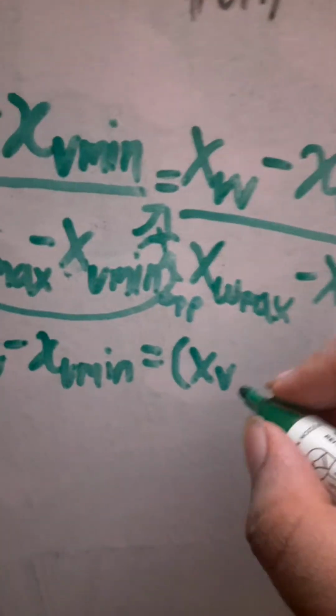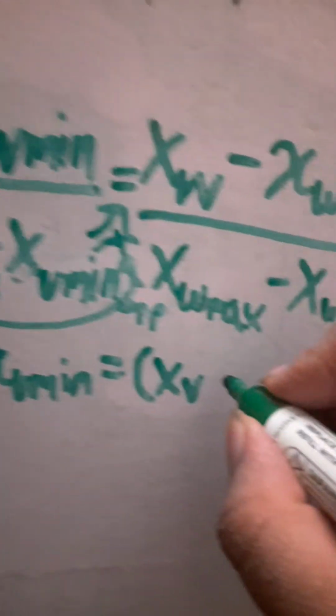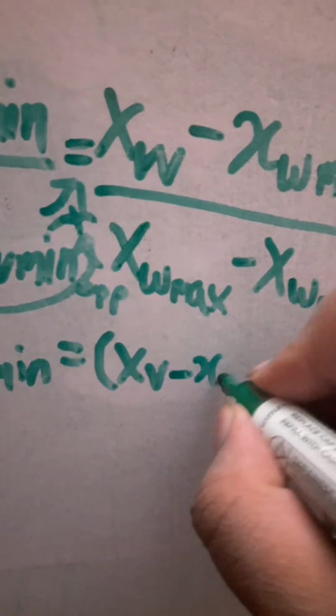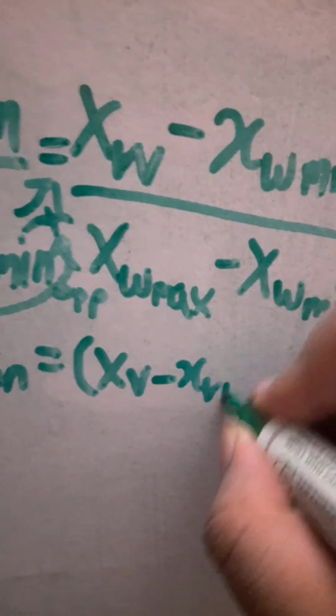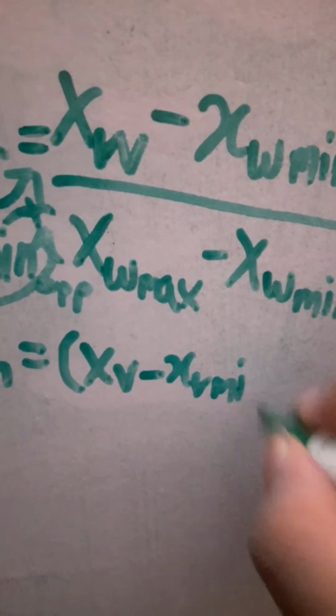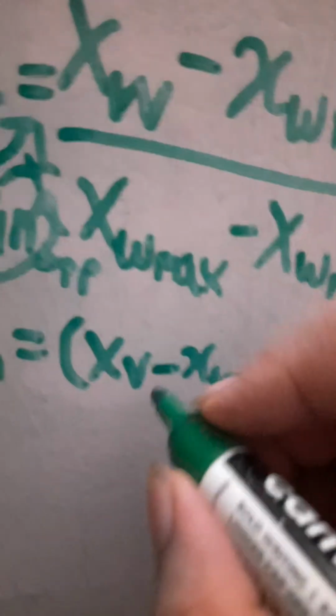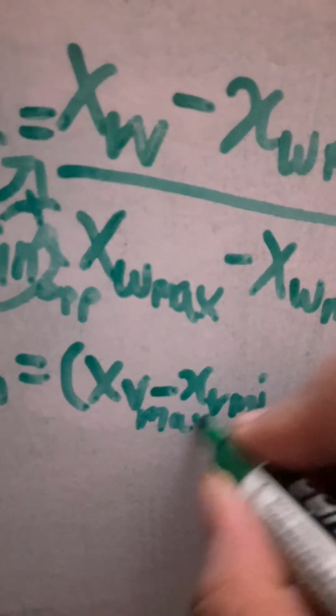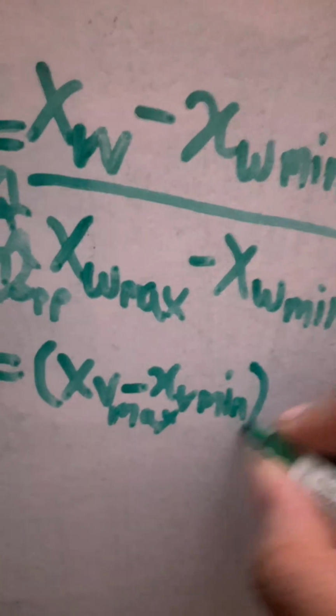So now what would happen is xv minus xv min, oh sorry, this bottom one came up, right. So xv max minus xv min, right.